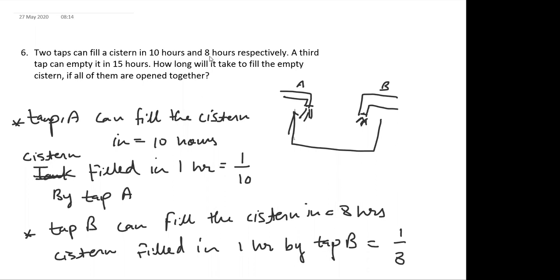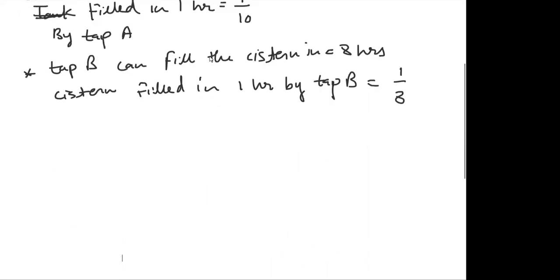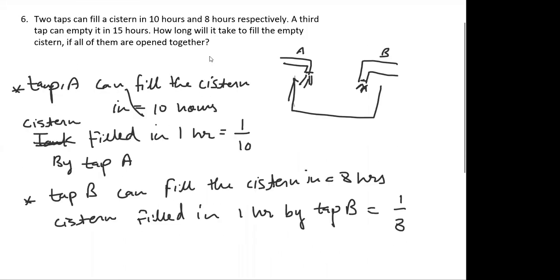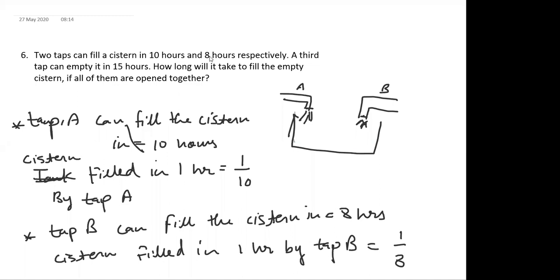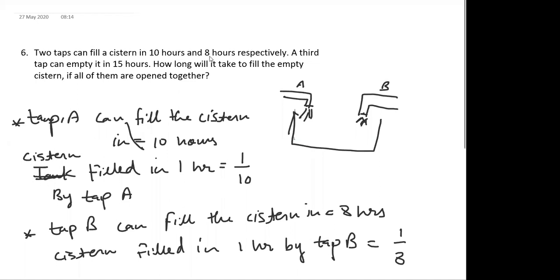Now what you have to do is, there is one more tap and what it is doing is emptying the cistern. Let's say there is a tap C and it is emptying the cistern. So the question says that a third tap can empty it in 15 hours.